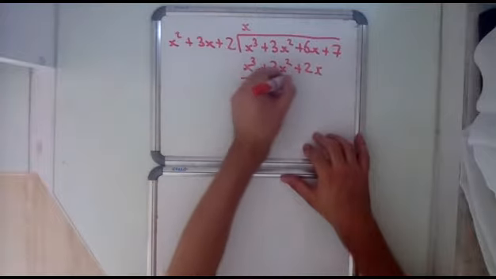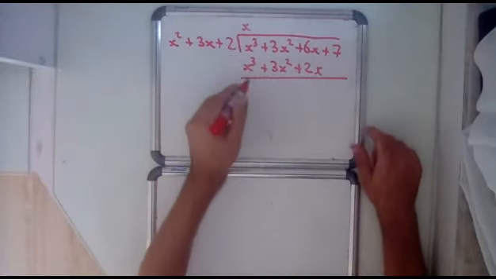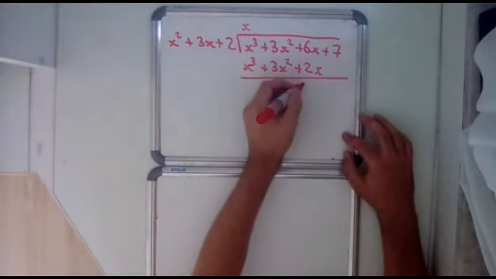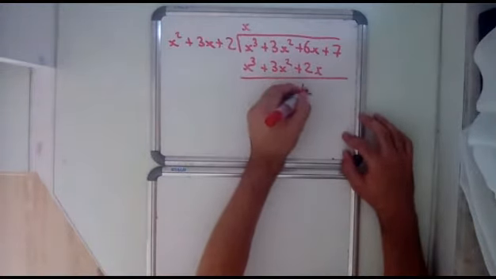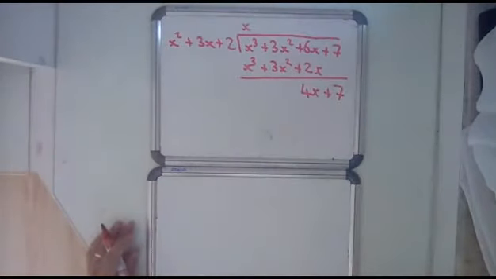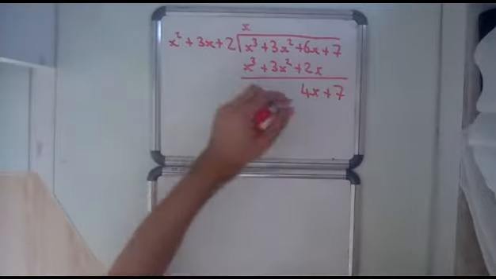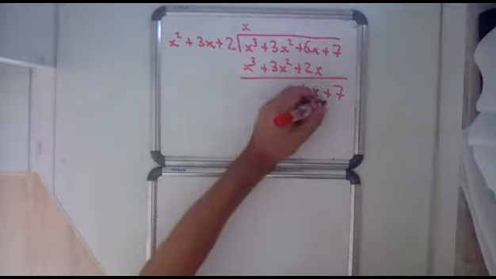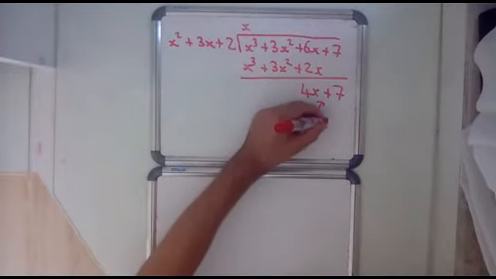Then we subtract, so x³ minus x³ is nothing, 3x² minus 3x² is nothing, so you're going to have 4x + 7. And naturally, if you look at the leading term in this into the leading term in that, you can't divide anymore, so that is your remainder.